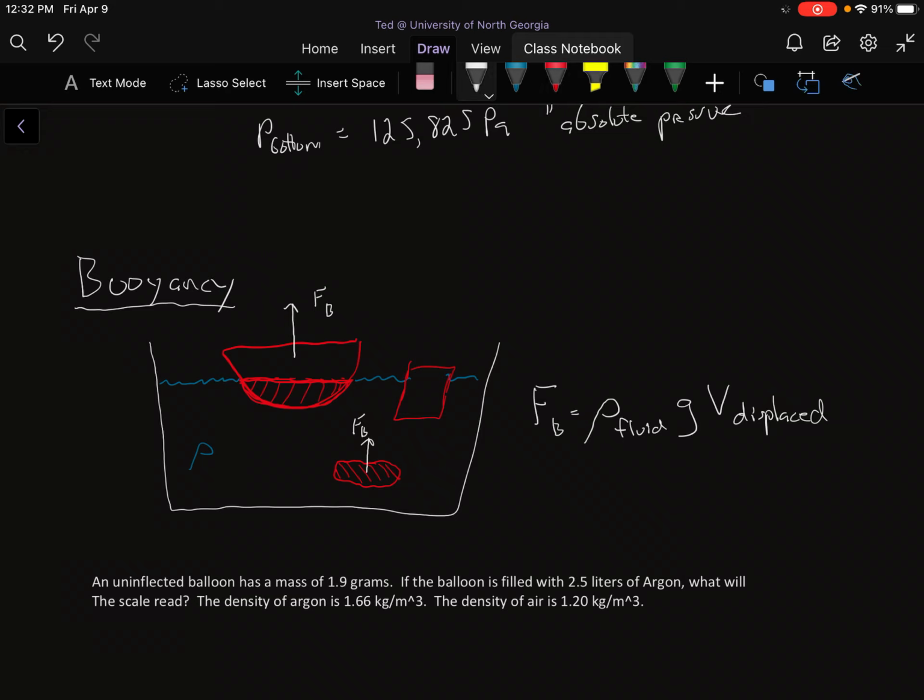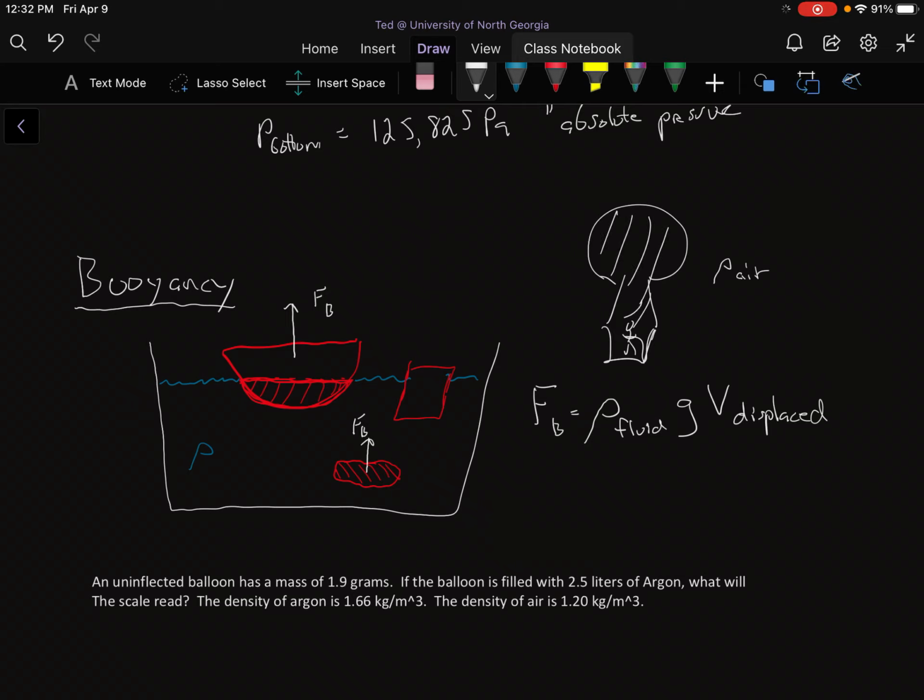A hot air balloon, for example, carrying people in it. The reason a hot air balloon can float is because there's air outside the hot air balloon, and so that produces a buoyant force that's equal to the density of the air times G times the volume of the balloon.